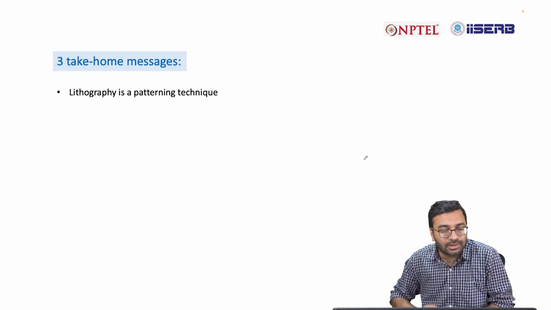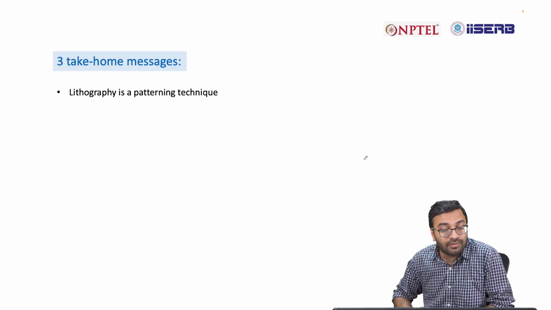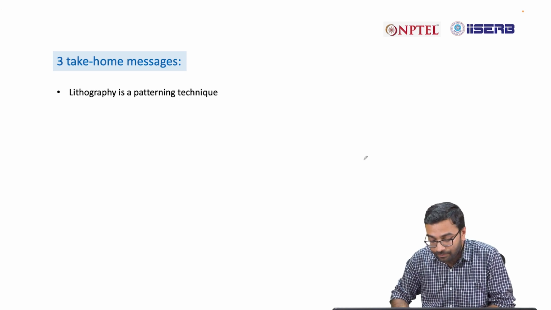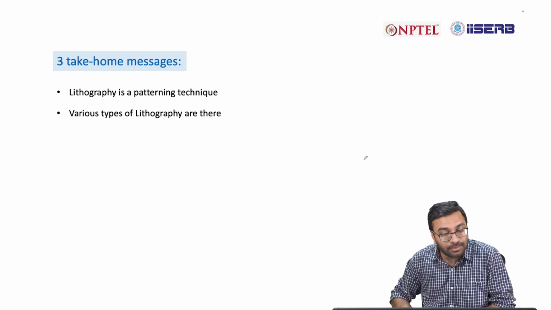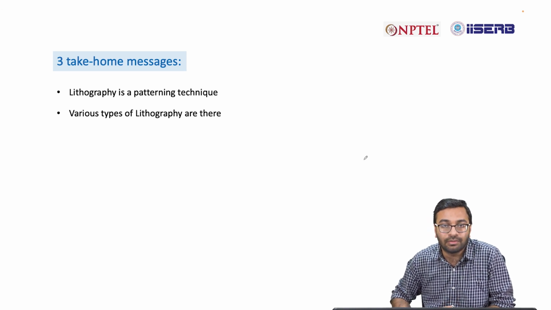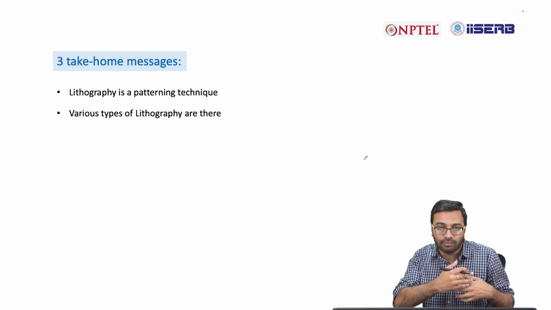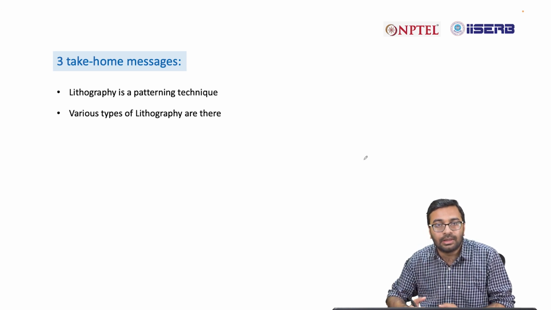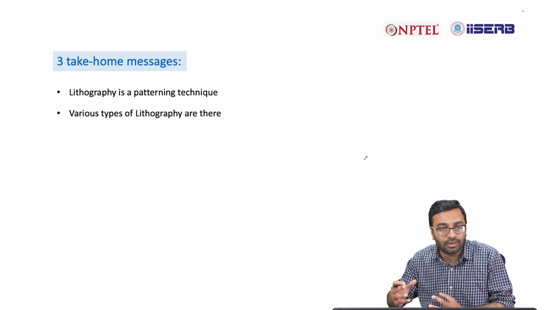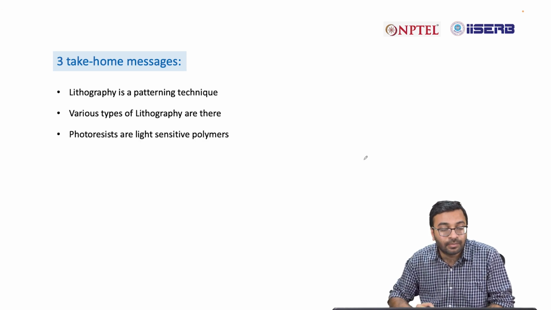So there are 3 take-home messages. One is lithography is a patterning technique. We have seen that. Then various types of lithographies are there. It can be soft lithography, it can be microlithography. Then in microlithography also you have UV or photolithography and other lithography techniques. In soft lithography also you have different other techniques.